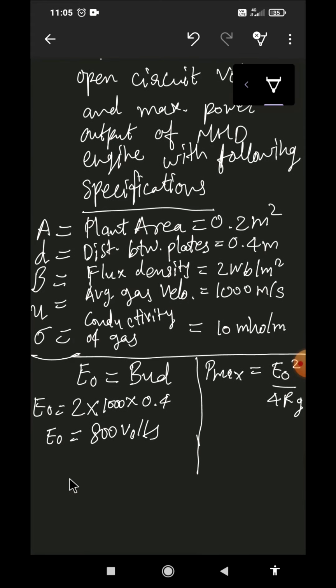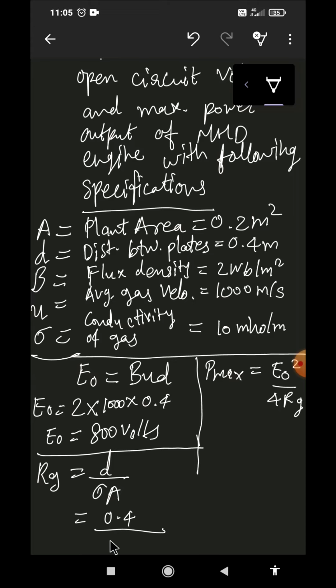The formula for RG is d upon sigma A. The distance between the plates is 0.4, divided by sigma A. Sigma is 10 mho per meter, and area is 0.2. So it is 0.4 by 2, which comes to 0.2 ohm.